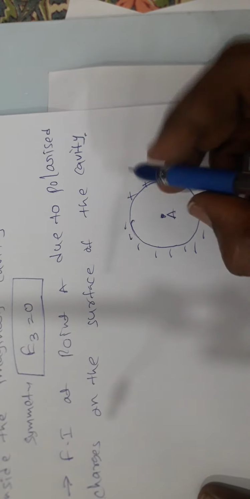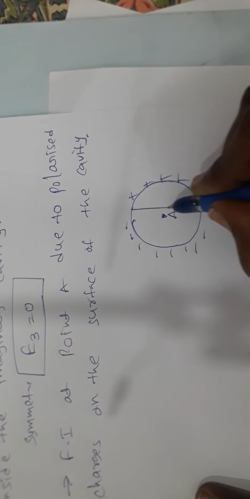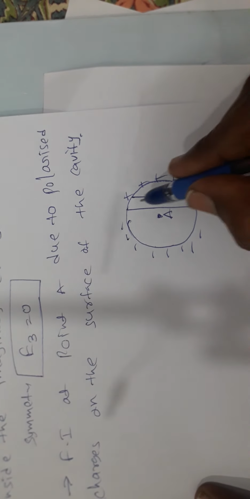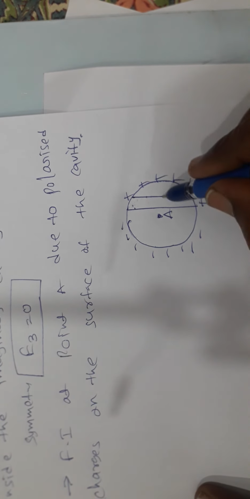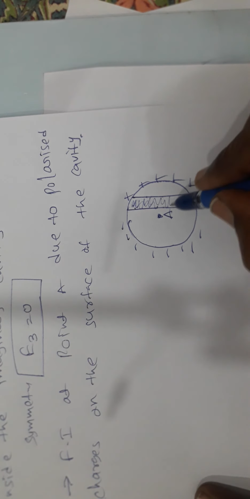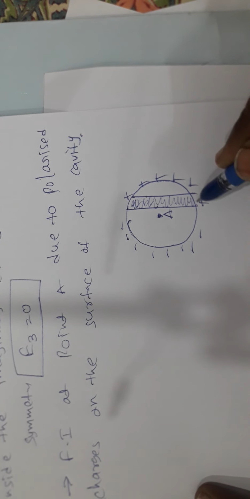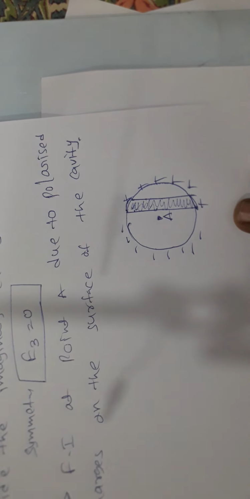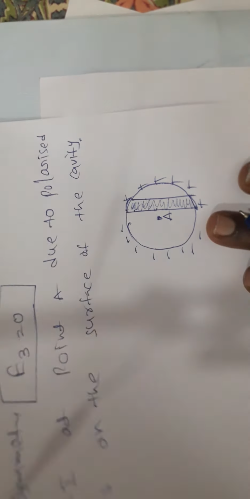First, we are selecting a small elemental area. This is the small elementary area we selected here. First we calculate, on the surface of this place and this place, how many charges are present. Due to those charges, how much field is generated.